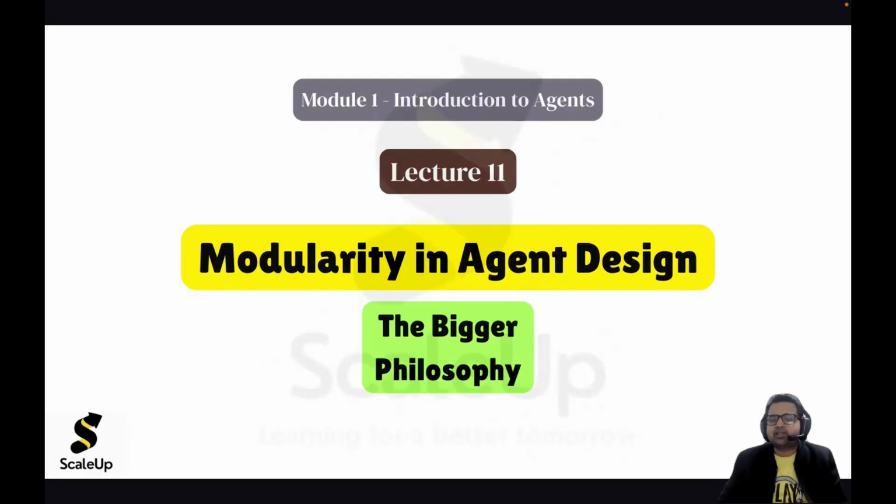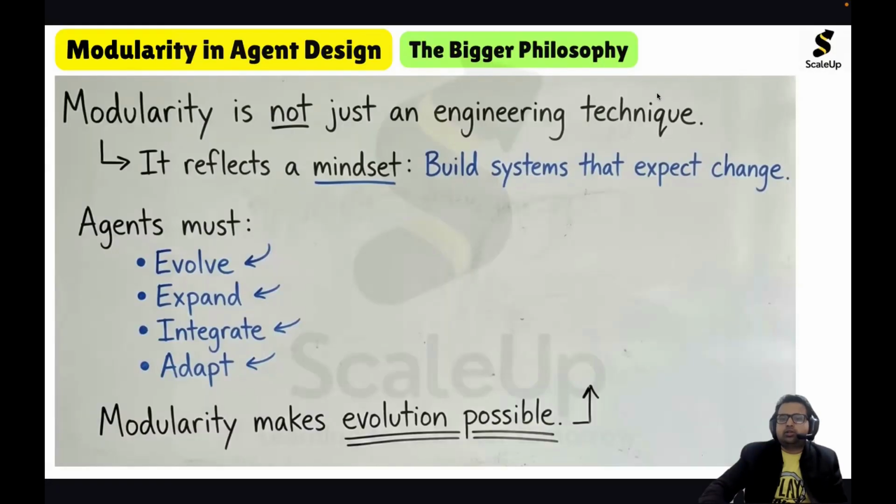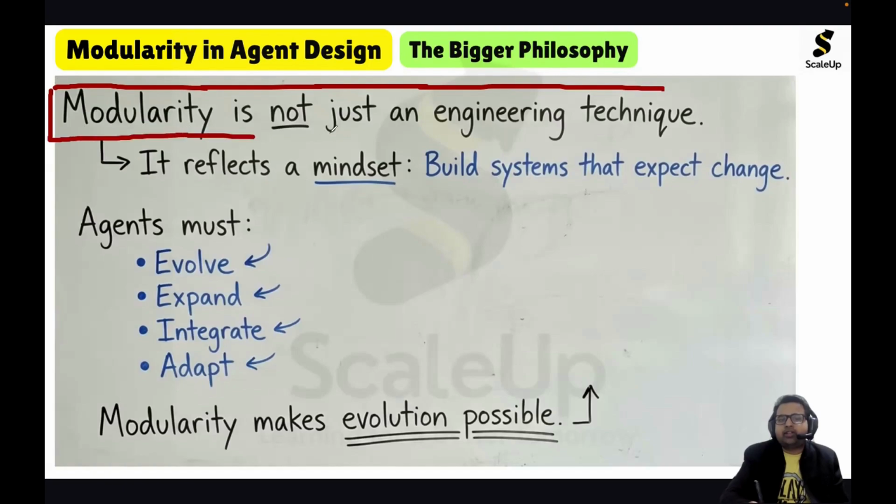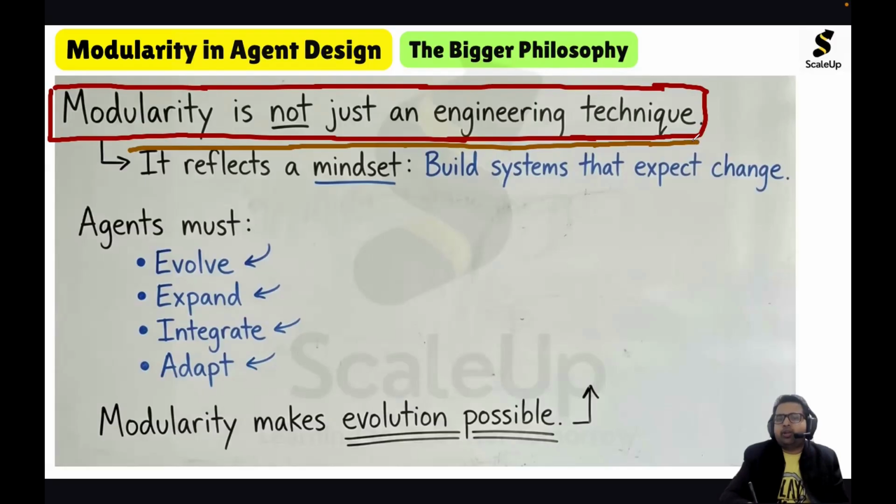Now we will discuss the bigger philosophy. It's like a conclusion. Modularity is not just an engineering technique. Rather, it is a mindset. Modularity means building systems that expect change.